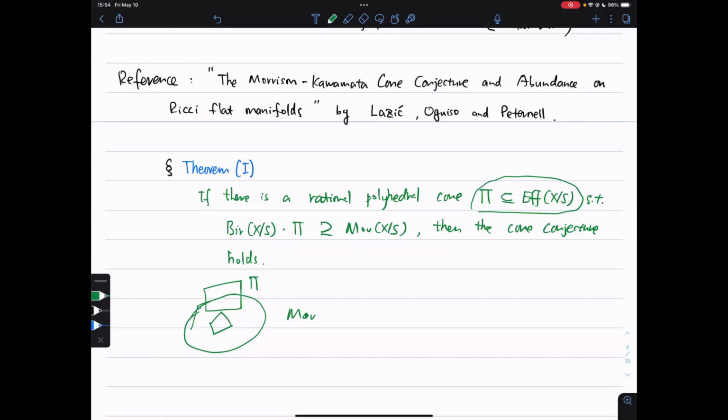And if this cone is chosen nice enough such that it can cover the movable cone, then you can cook up from this Π a rational fundamental domain for the movable cone. So this seems a little simpler, but it's still very, very difficult to find such a cone inside of the effective cone.